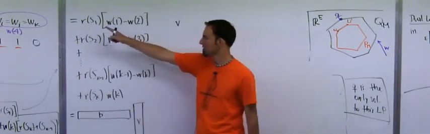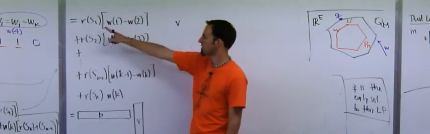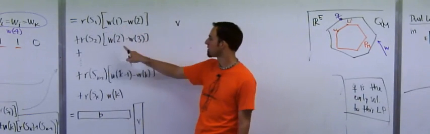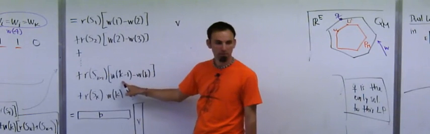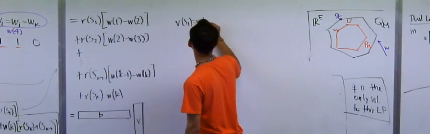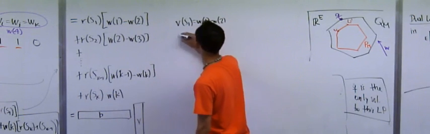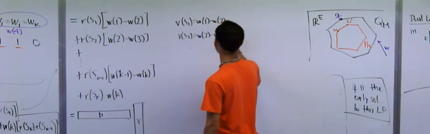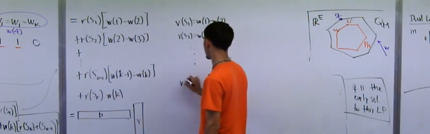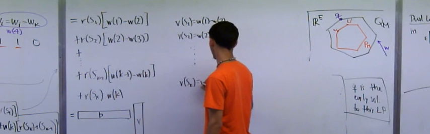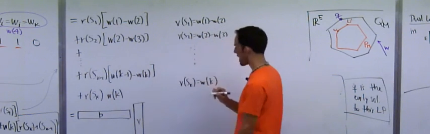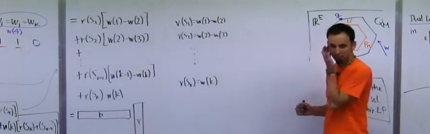The idea is that this is V of S1, this is V of S2, this is V of S sub K minus 1, and so on. So V of S1 is W of 1 minus W of 2. V of S2 is W of 2 minus W of 3, and so on until V of S sub K is W of K. Does that define V?